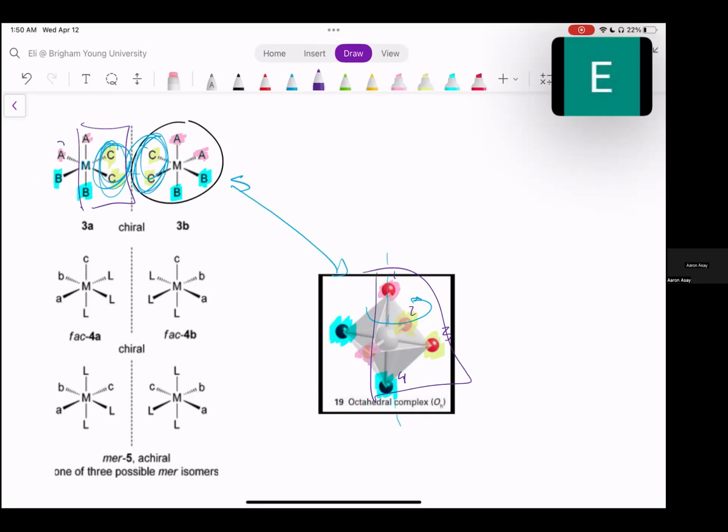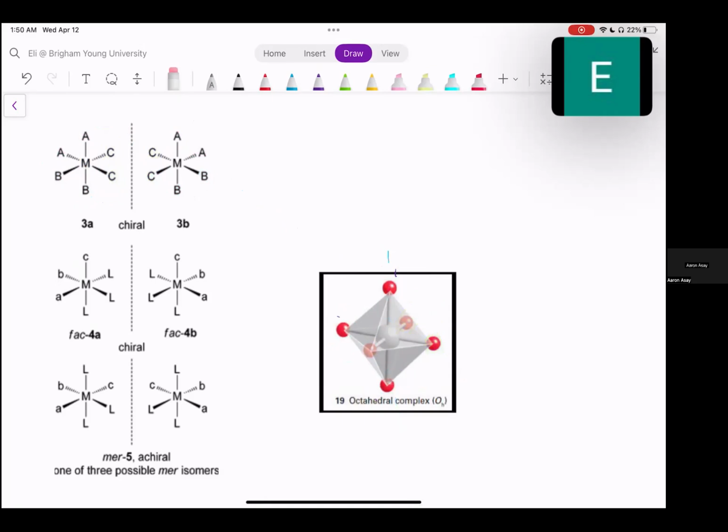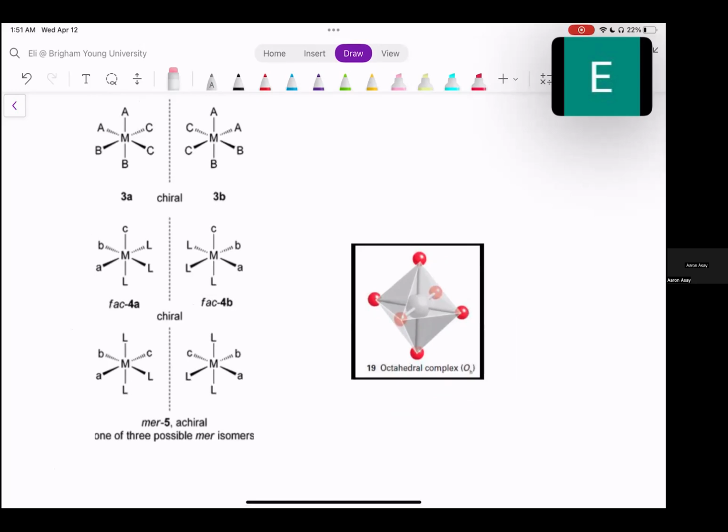These last 2 are not. They are not in the same spot. So that shows that it is chiral. It's not going to be able to superimpose on its mirror image. Take some time with these. If you have to create a model or something like that in order to help you see this, it is super helpful.